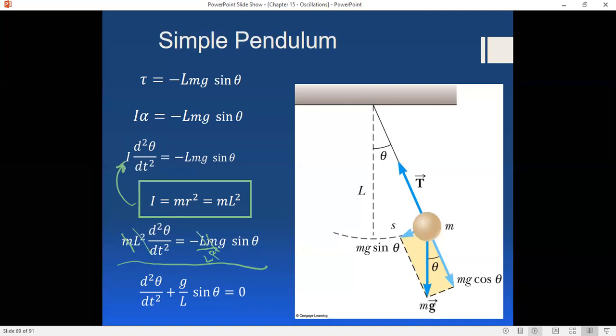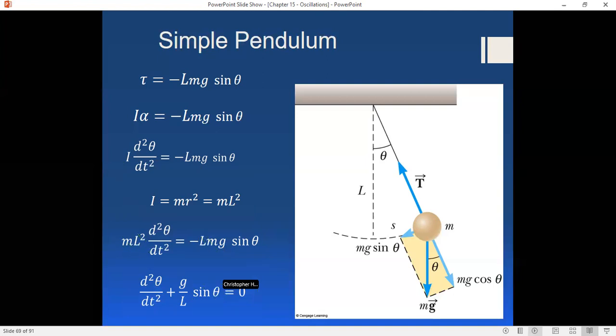And again, unless you've taken differential equations, this is not going to mean very much to you. But if you've taken a calculus course where you've looked at differential equations, you would recognize this as a second order differential equation. Second order because it is a second derivative, okay? But it's not linear because instead of having theta here, we have sine theta.